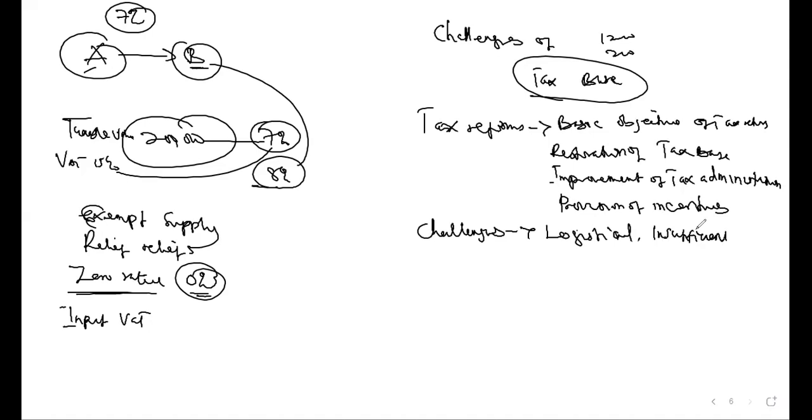The reform is a new thing, so there's not adequate information about it. When VAT was introduced, even the tax administrators didn't know how they were going to go about the collection of the VAT. So it will take time before the implementation of the reform will be effective. Lack of sufficient information available for implementation is a challenge. Then institutional policy direction.